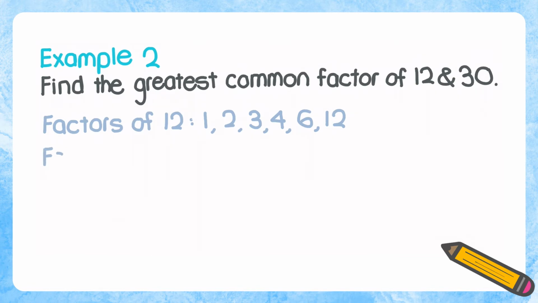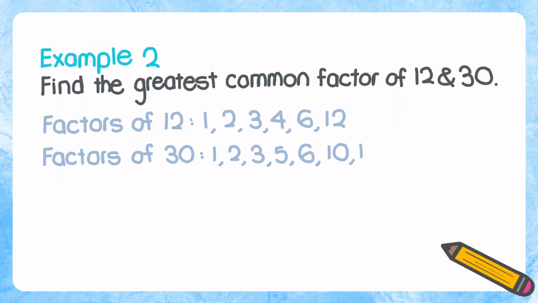And then next, let's look at all factors of 30. So we're going to write out all numbers that can multiply to 30. 1, 2, 3, 5, 6, 10, 15, and 30.